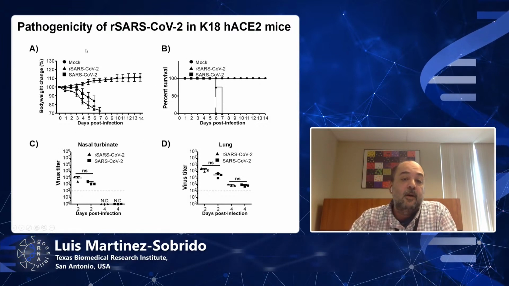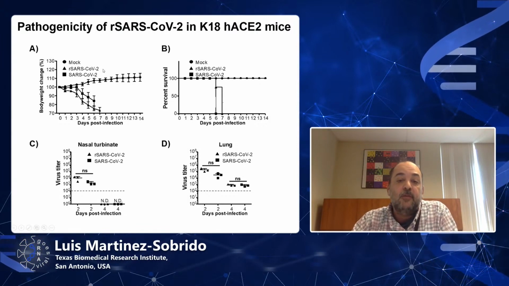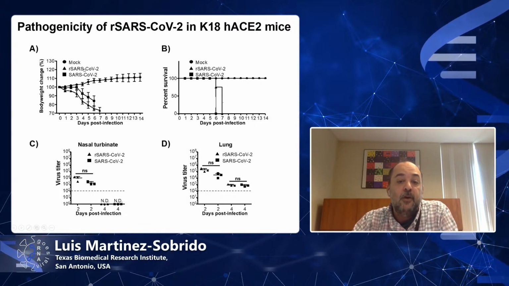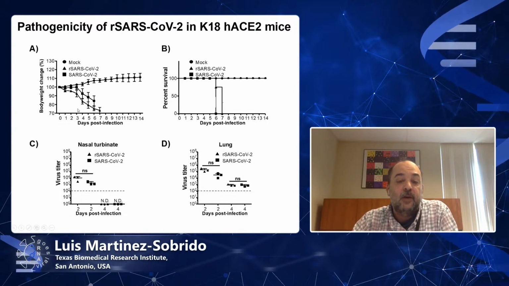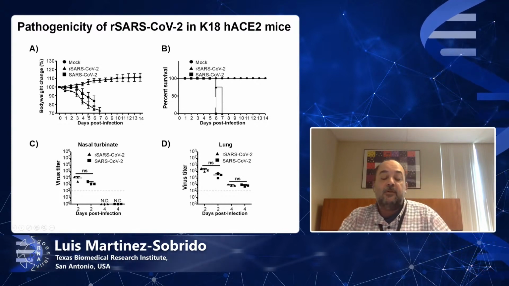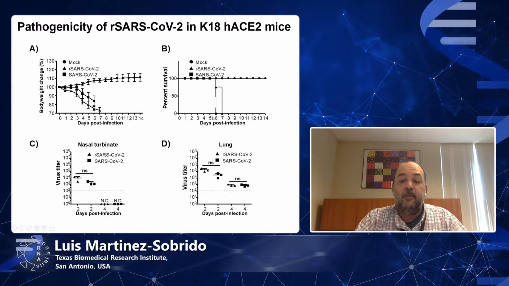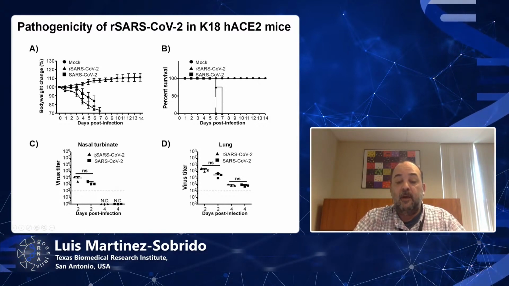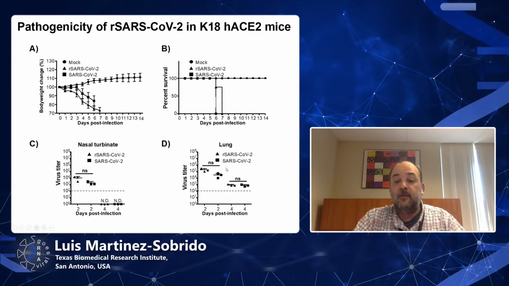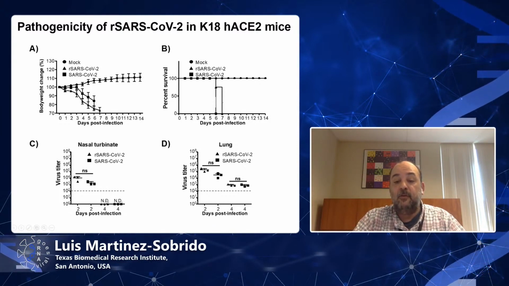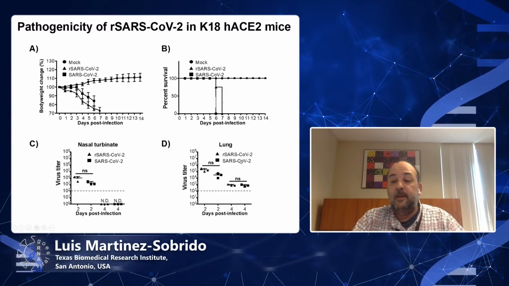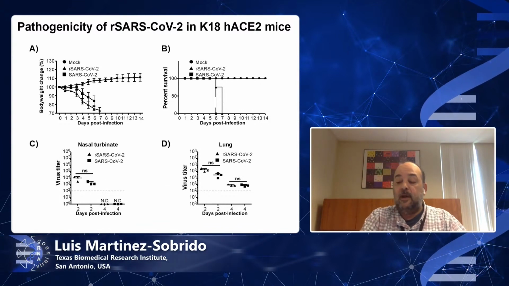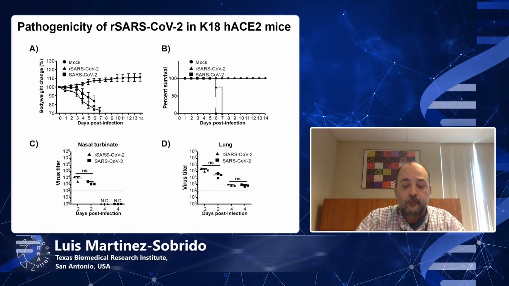And as you can see here, when we infect this transgenic mouse model with our recombinant virus, shown here with these triangles, or the natural isolate, animals rapidly lose weight, and all of them die between days 6 and 7 post-infection, with similar replication in the nasal turbinate and in the lungs at days 2 or 4 post-infection as the natural viral isolate.